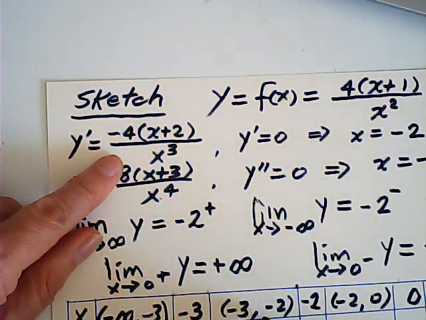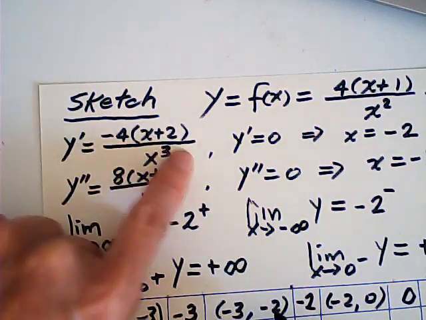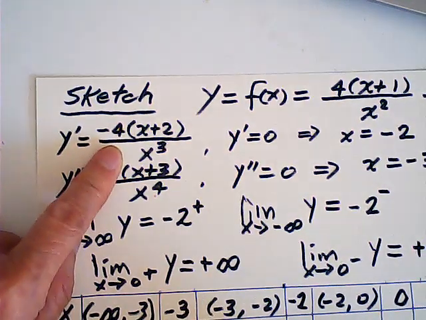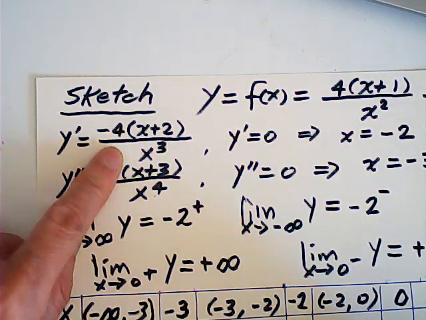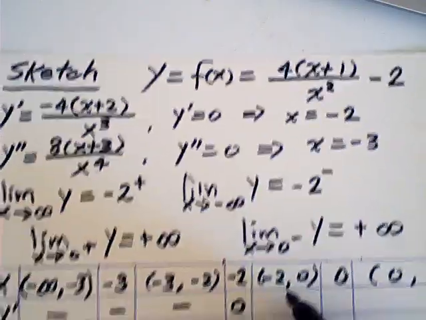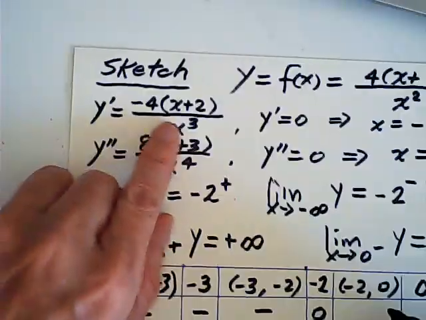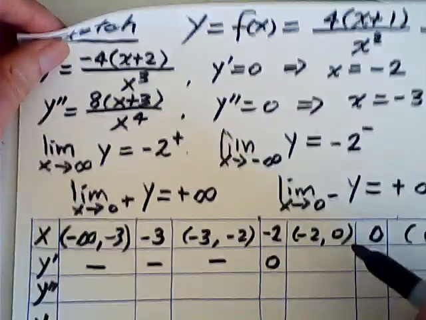Here I choose -2.5, it is negative. At -2, the first derivative is 0. Here we choose -1, and you get a positive.